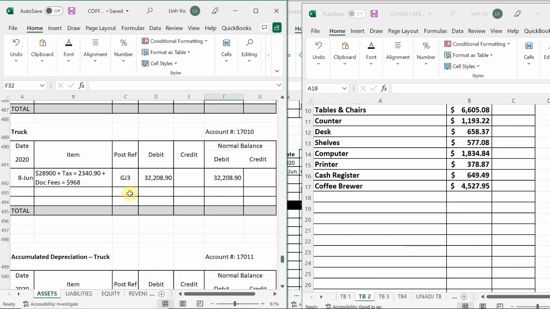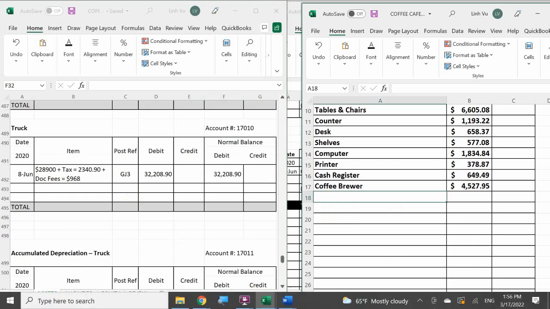All right, vehicles. Yes. We ended up buying a truck, right? How much was the truck worth? $32,208.90 is what the truck was worth.